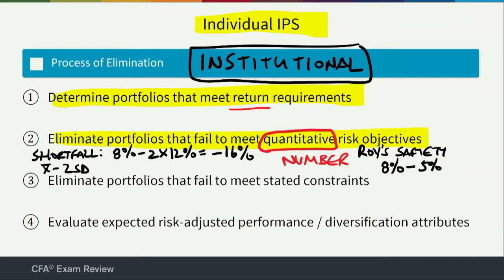Remember, in Roy's safety first criteria, the investor specifies what their minimum return objective is going to be. And then what we could say is obviously this portfolio has a standard deviation of 12%. So the safety first criteria ratio that we come up with is equal to 0.25. What you'd have to do for all the portfolios that would be appropriate, you'd have to calculate Roy's safety first numbers for all the various different portfolio choices to make sure that they meet the criteria that would end up being specified.